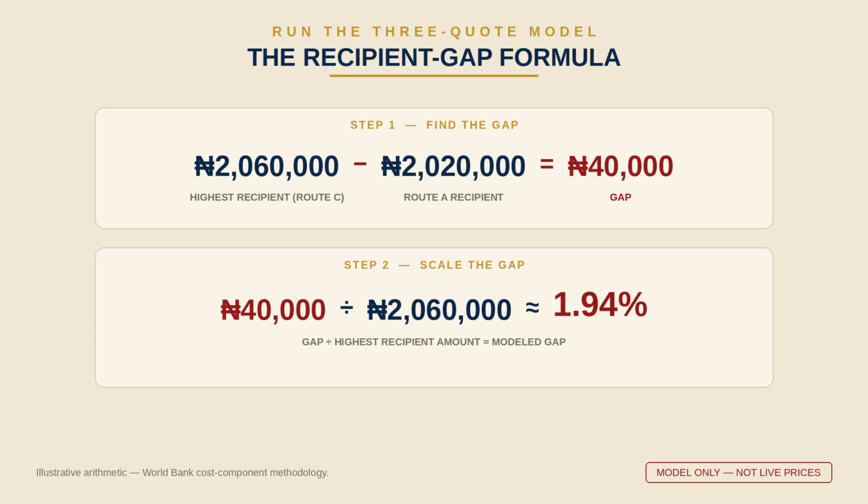The recipient gap formula is simple. Take the highest comparable recipient amount and subtract each quote. For Route A, 2,060,000 minus 2,020,000 equals 40,000 naira. Divide that gap by the highest recipient amount, and the modeled gap is about 1.94%.